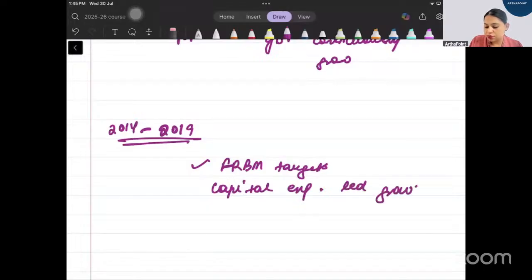We will invest our money in infrastructure, railways, etc. Debt stabilization started happening.